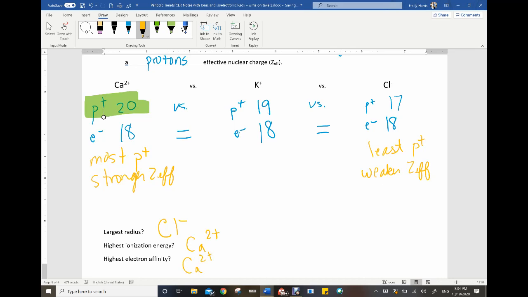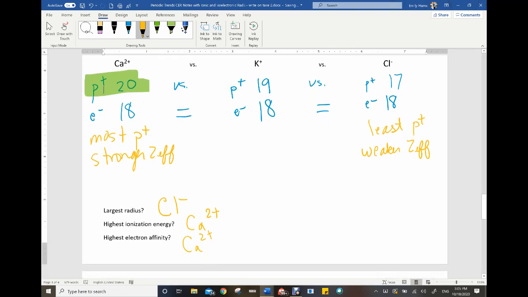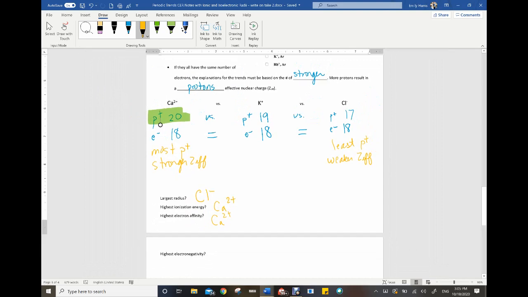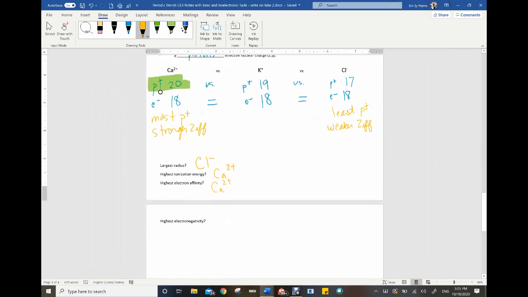Calcium, having more protons, stronger effective nuclear charge, will be better at gaining or attracting new electrons. And so we can use those differences or observations about atomic structure to justify trends. All right, and so same for highest electronegativity. Is calcium as well most attractive?